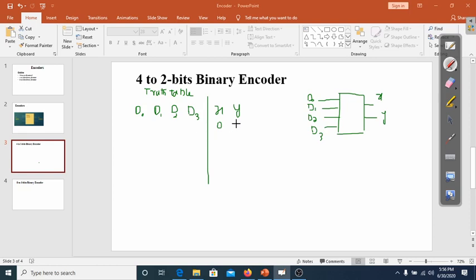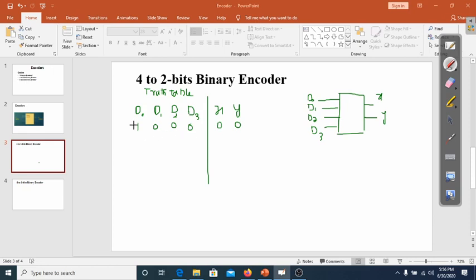In this case, I will assign the combination X equal to 0 and Y equal to 0. Suppose D0 is equal to 1, D1 is equal to 0, D2 is equal to 0 and D3 is equal to 0. All the inputs are active low except one.